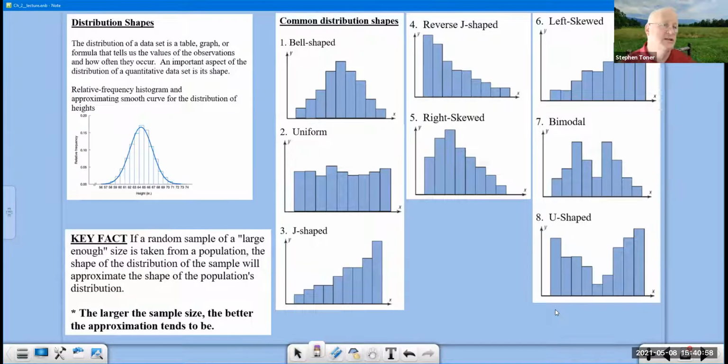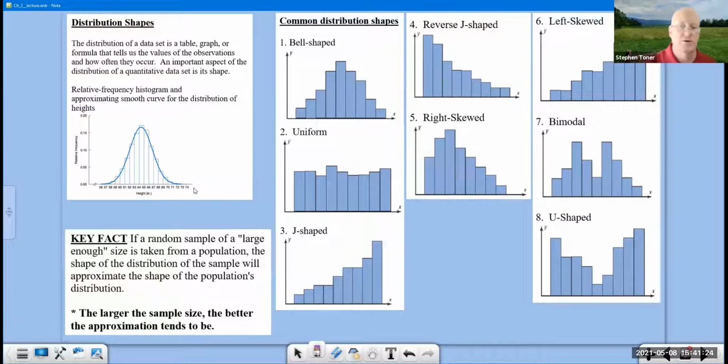Now let's turn our attention to the different shapes of data sets, okay? We've already talked about tables and graphs and different types of formulas to help you learn about observations, but now we're going to focus on shape. What we have here down below, the shape of a bell curve, is really the ideal situation, as we're going to see.